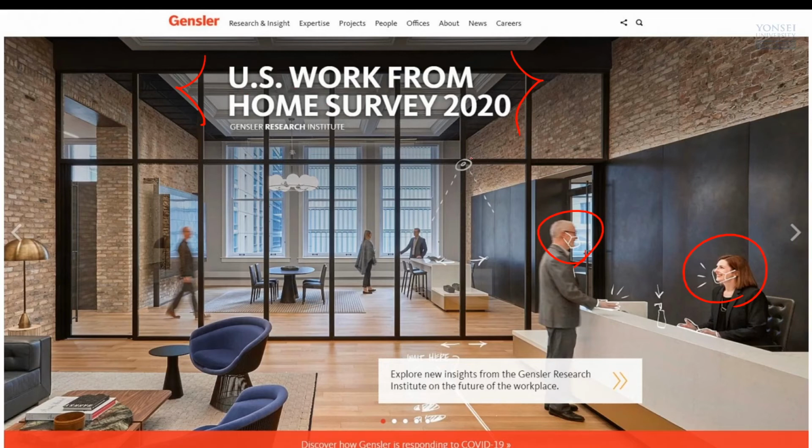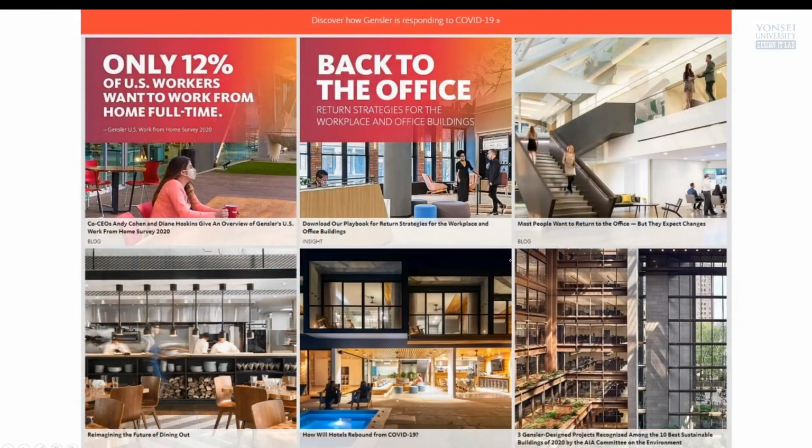That's one of the major topics Gensler has handled. Anyway, I captured this website because I saw this kind of representation for their new workspace. But nowadays, take a look at this one. Only 12% of US workers want to work from home full time. In other words, they want to get back to their offsite workplaces, back to the office.